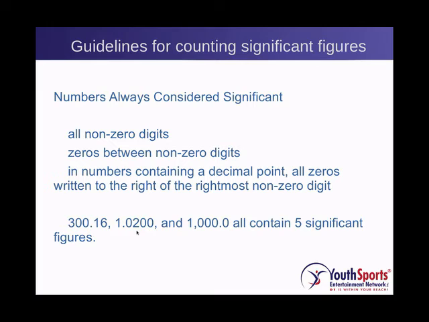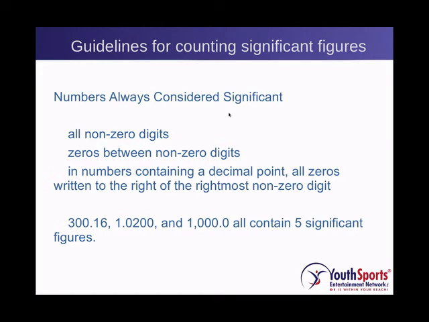So these all contain 5 significant digits. For example, 1000.0 means we are sure of the 0. So it is going to be 5 significant digits, even though it is on the right hand side.